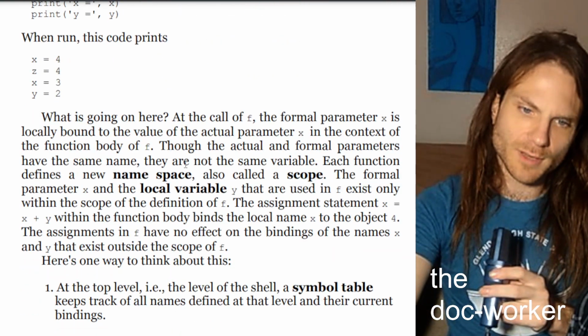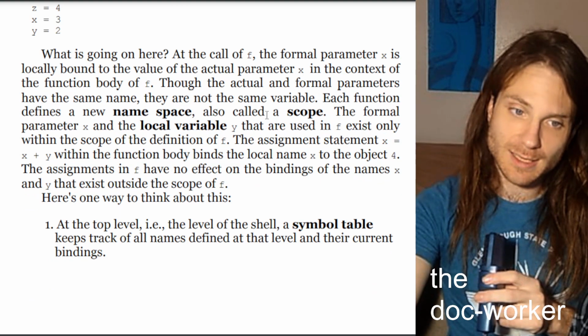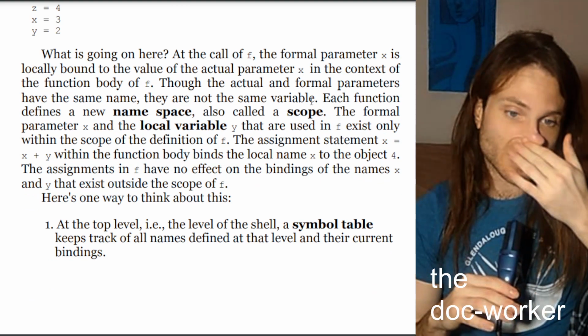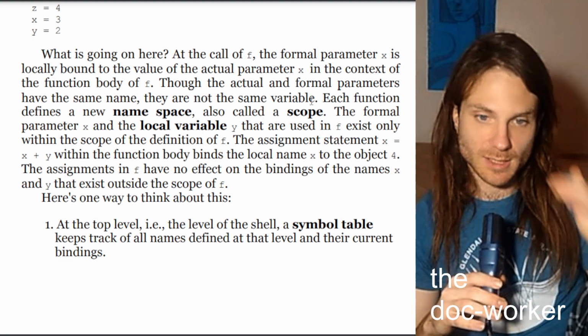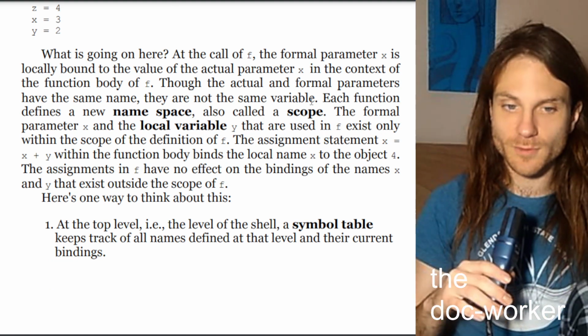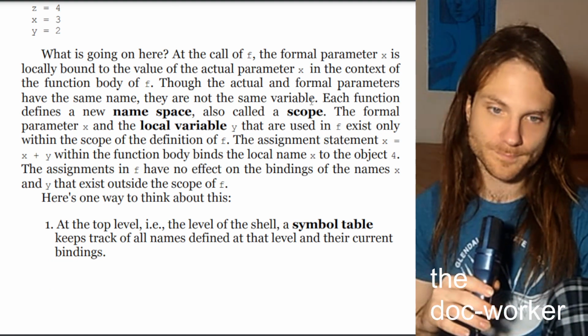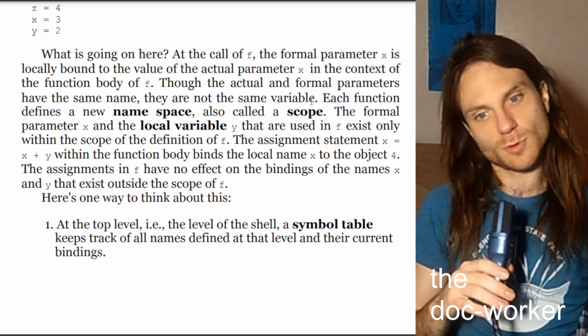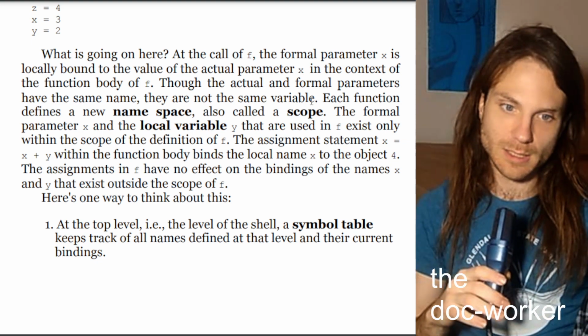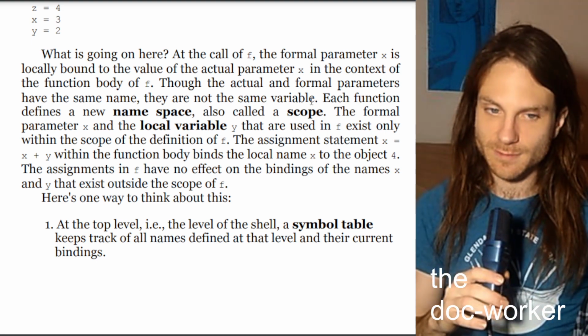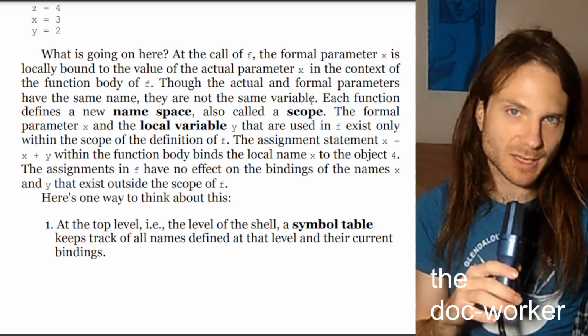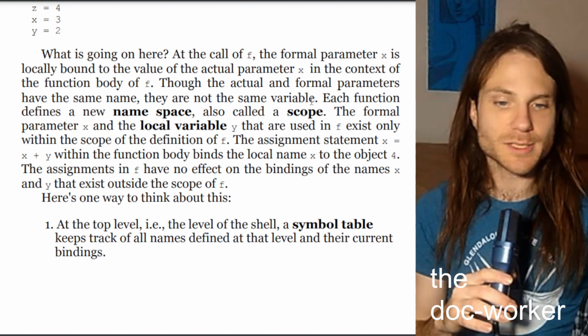At the call of f, the formal parameter x is locally bound to the value of the actual parameter x, the argument x, in the context of the function body of f. Though the actual and formal parameters have the same name, they are not the same variable. Each function defines a new namespace, also called a scope.